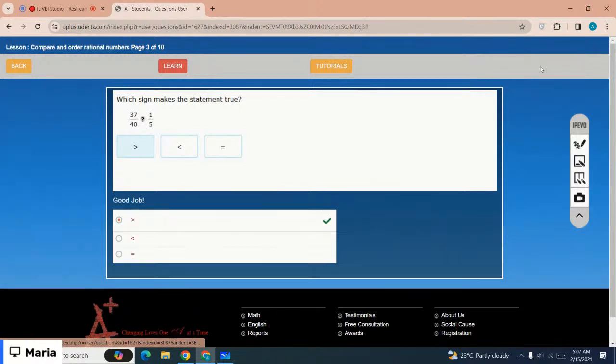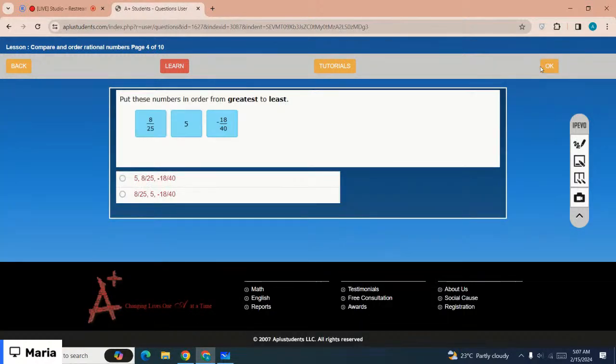Okay, the next one you have to compare and write the answer in the chat box. The next one is you have to arrange from greatest to least. 8 over 25, 5, negative 18 over 40. So which is the correct option? Which option is the correct one?